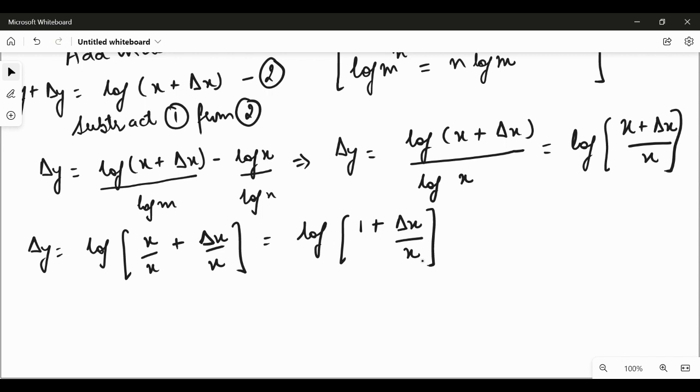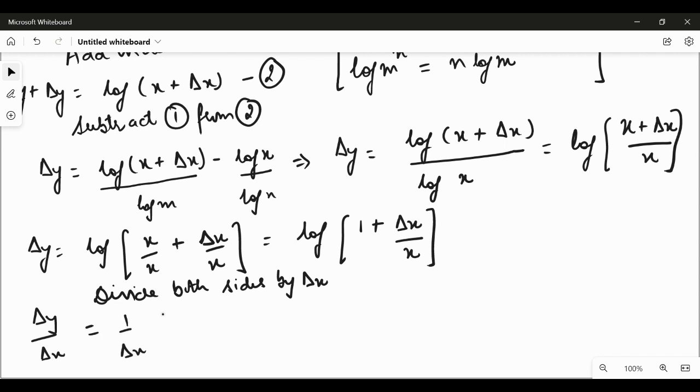The next step, I will divide both sides by delta x. I will get delta y by delta x is equal to 1 by delta x into log of 1 plus delta x by x.